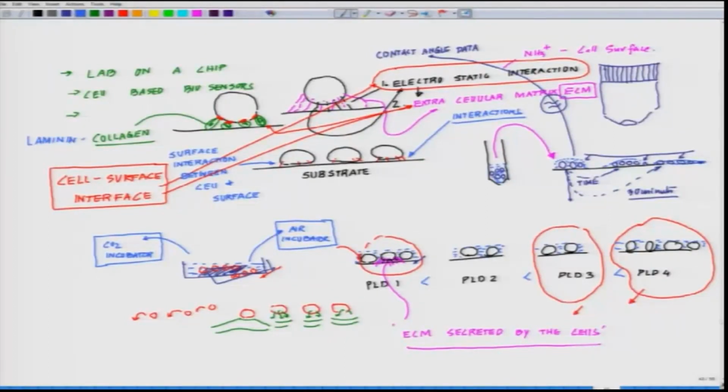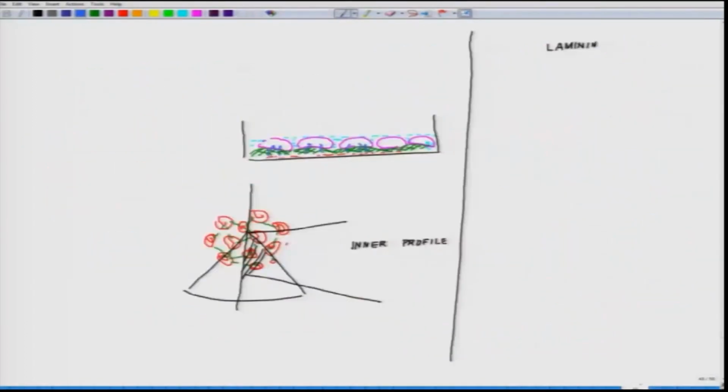Laminin is much simpler in that respect, in the way the interaction happens. If you look at the cell, this is the cell and you have a glass substrate surface which you are coating with laminin molecules. Laminin has its respective integrin receptors on the cell surface. So, there is an interaction like this.